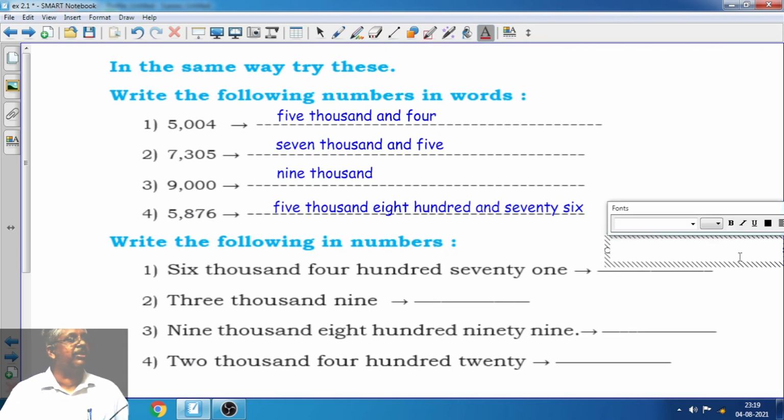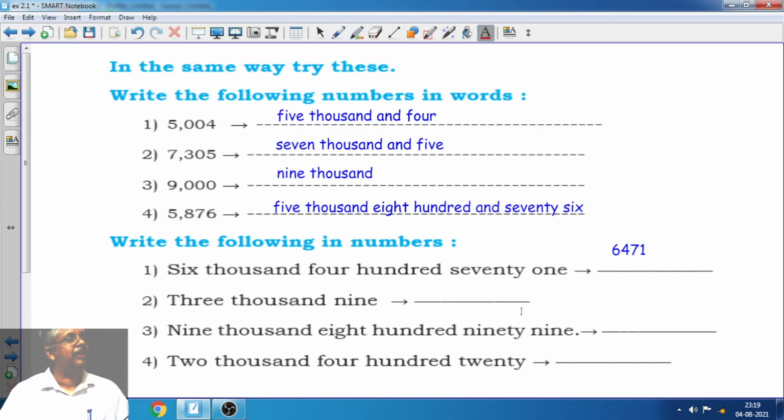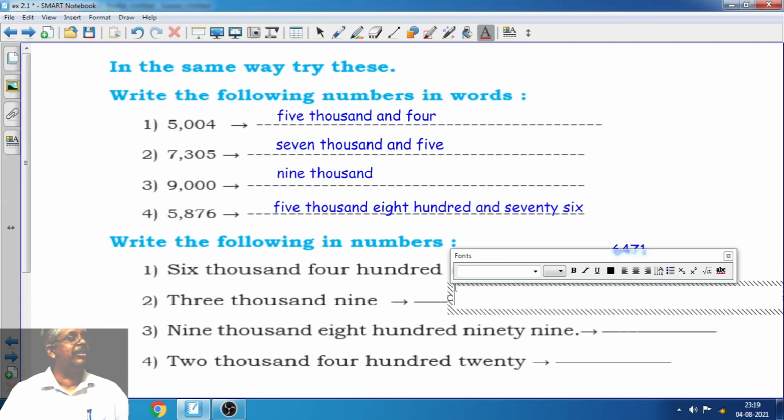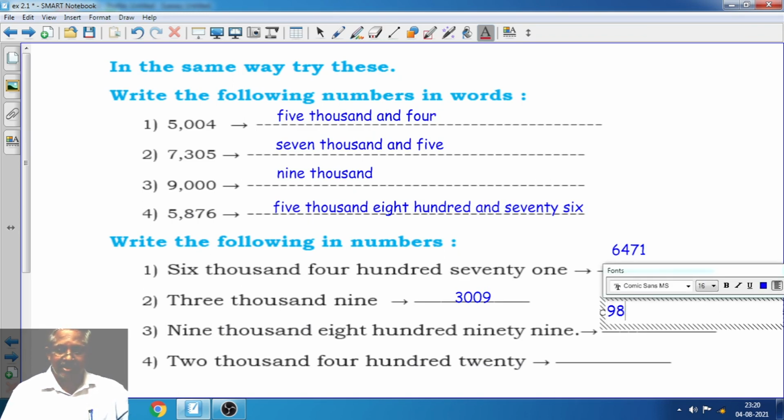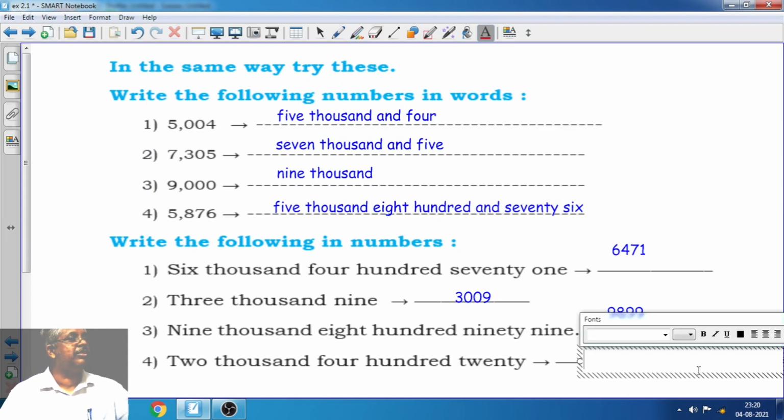And then, now let me go for this one. 6471. So what should be my number? It is 6471. Did I write correctly? Absolutely. And then I have 3009. Then I have 9899. And then I have 2420.